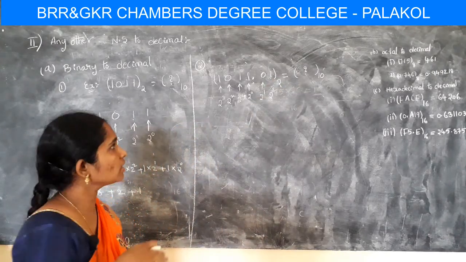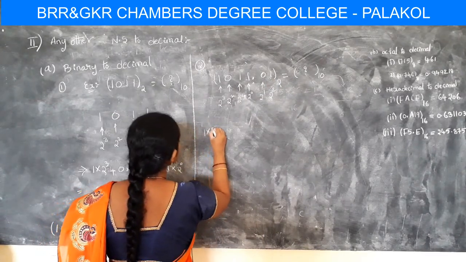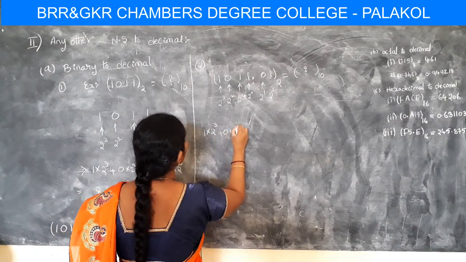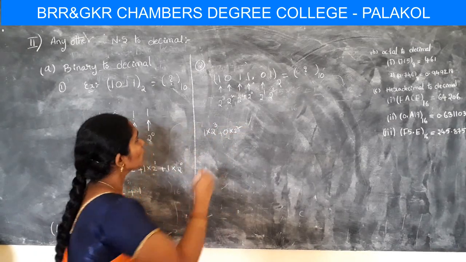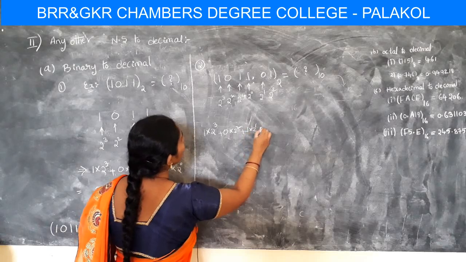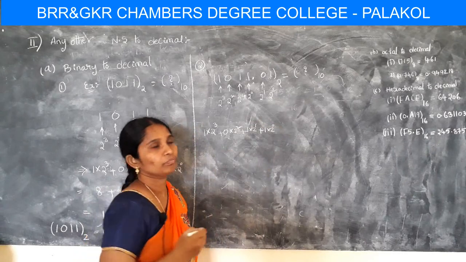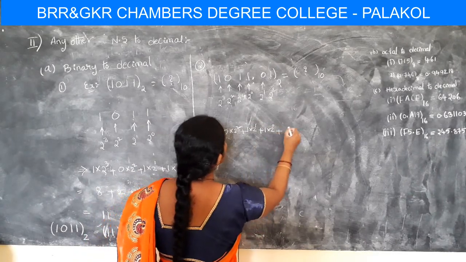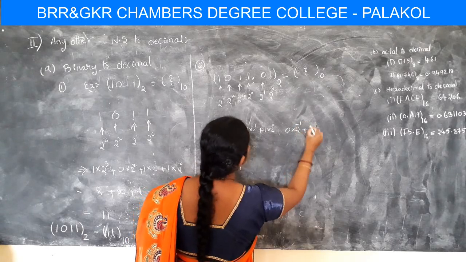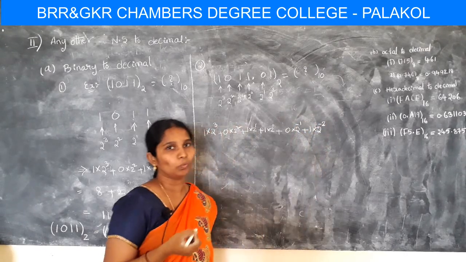Okay. So, likewise I have to represent. Therefore, finally, it is 1 into 2 cube plus 0 into 2 square, and after that plus 1 into 2 power 1 plus 1 into 2 power 0. Okay. Plus 0 into 2 power minus 1 plus 1 into 2 power minus 2.